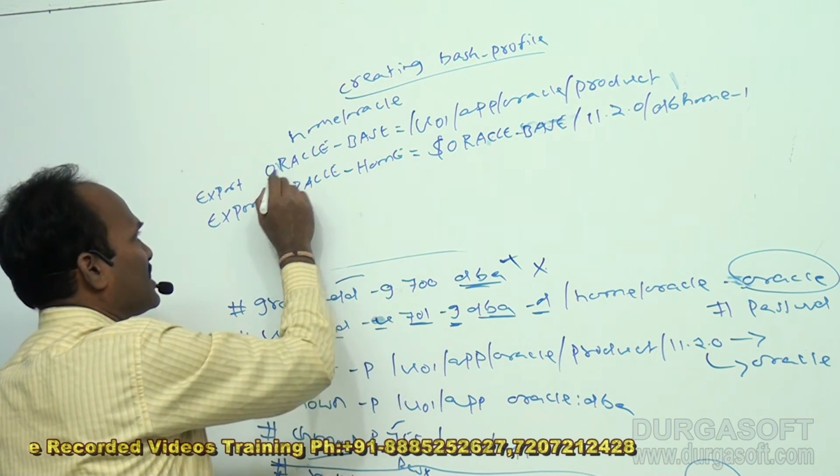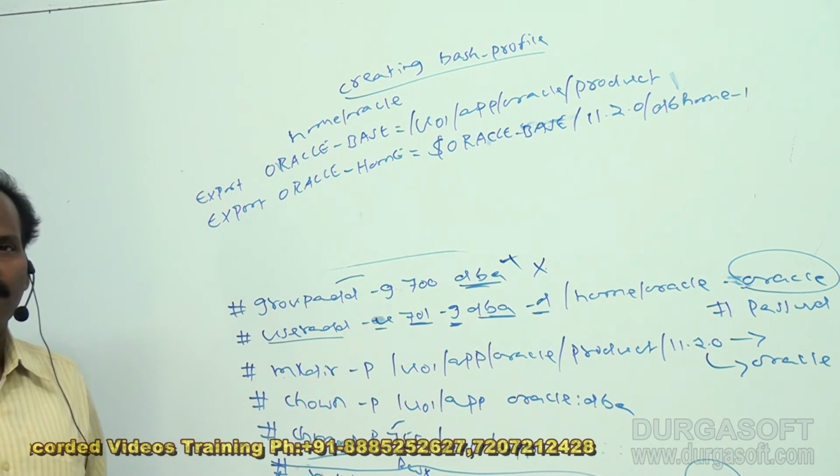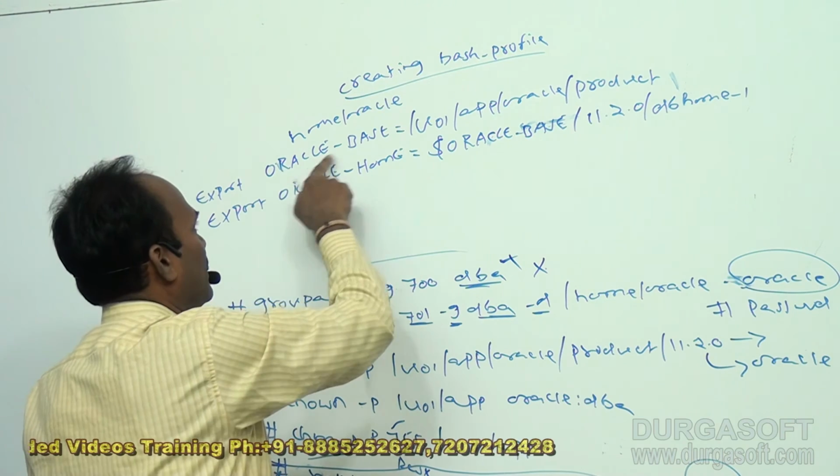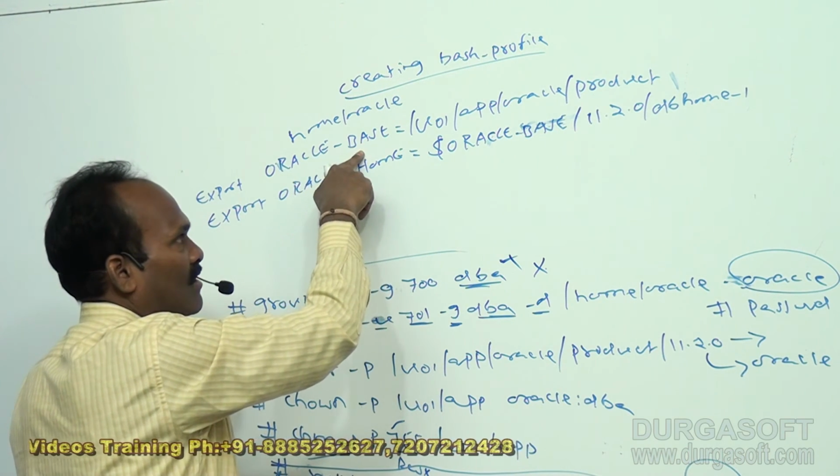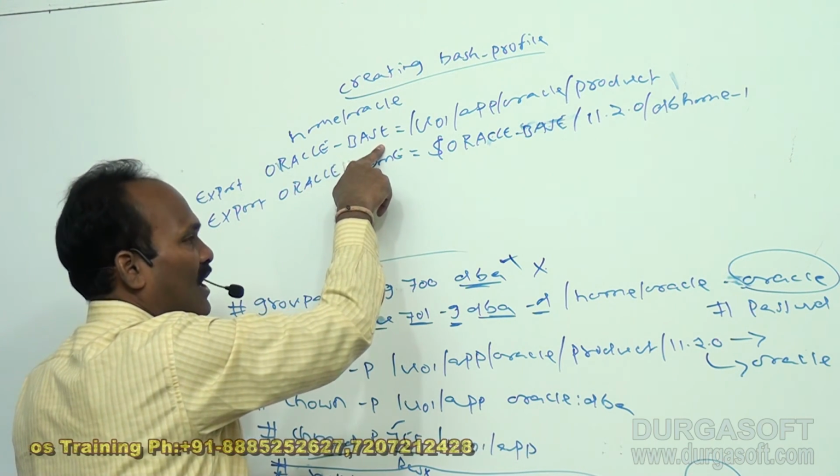Okay, so for all the versions like the 9th version, 10th version, 11th version, this directory becomes the Oracle base folder. So this is the common folder for all versions.